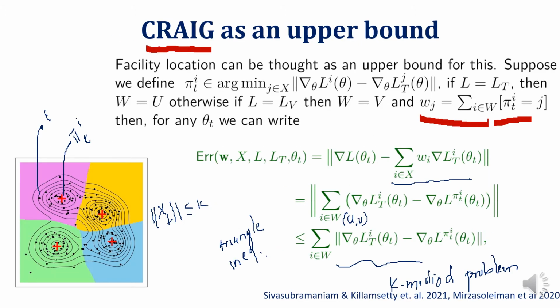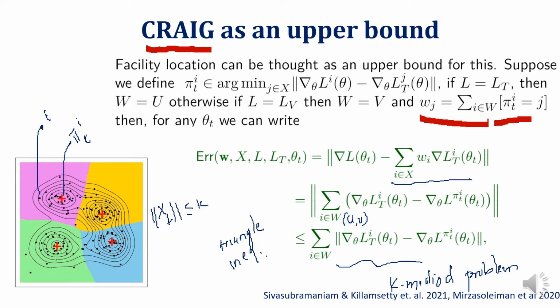So one of the algorithms published in 2020, called Craig, is actually derived as an upper bound to the error that we discussed in the theorem. And this upper bound is basically a facility location in the following sense. So if you apply the triangle inequality to the summation with a particular assignment of weights, and what are these weights?